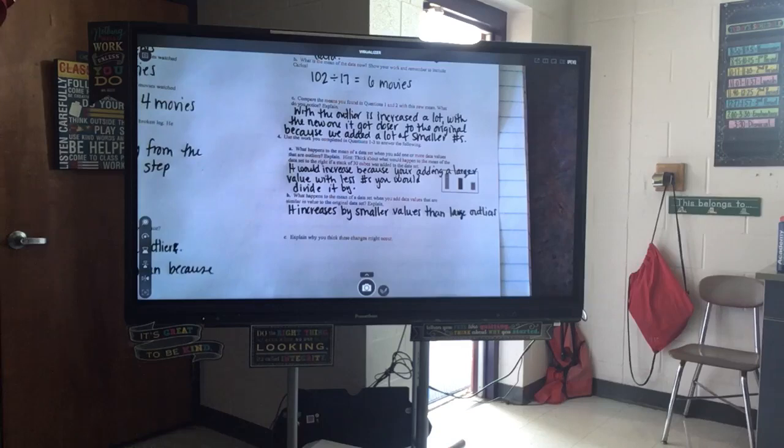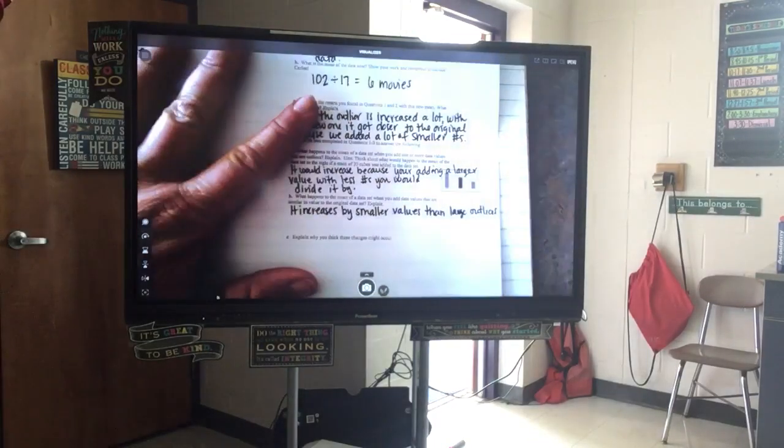But why? I mean, you're right, but why? Because it's only adding smaller numbers and dividing by bigger numbers than this one. It's adding the numbers that are in the data set, and there's a lot of numbers that it's adding. It gets divided by larger numbers.